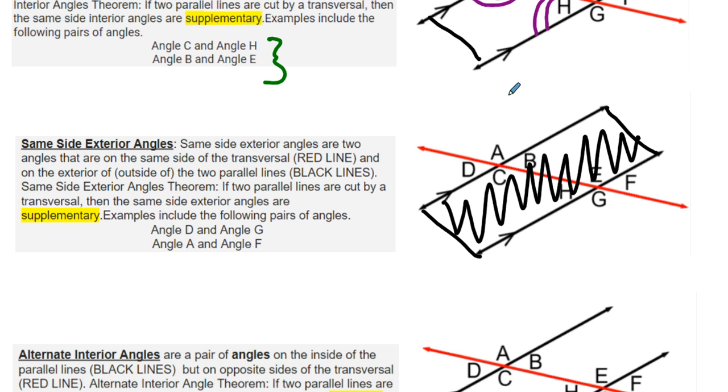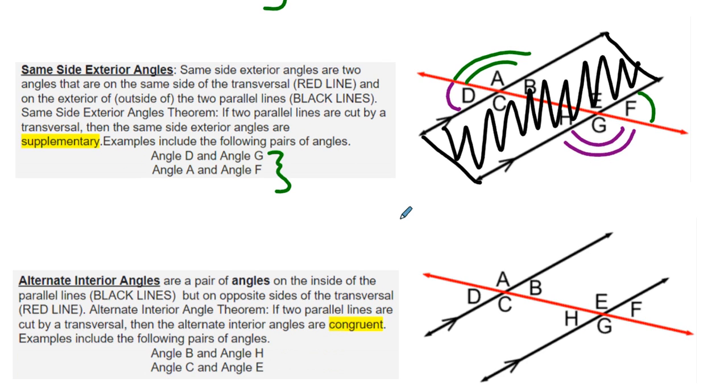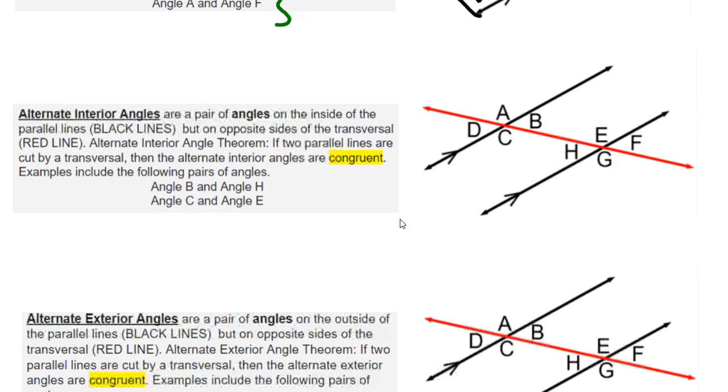So we should only be looking at A, D, G, and F. If we're on the same side, that means D and G are same side exterior angles. Also, A and F are same side exterior angles. So again, there's only two of them in this diagram. Now, if we drew more lines, there'd be a lot more. But again, we're going to stick to nice basic diagrams.